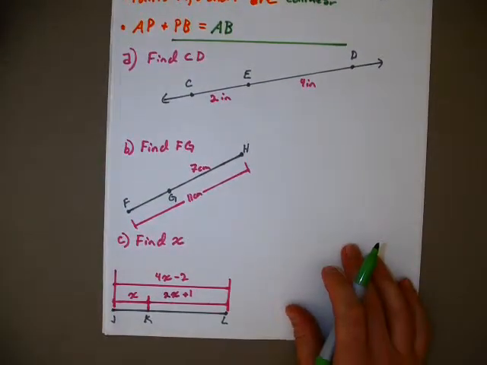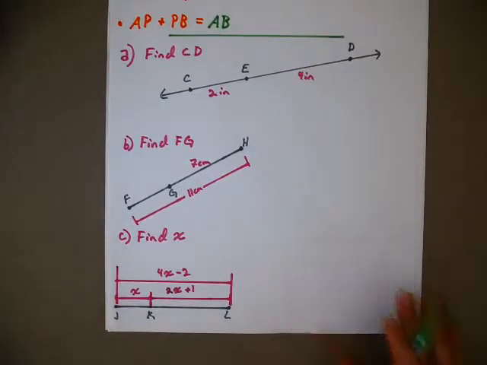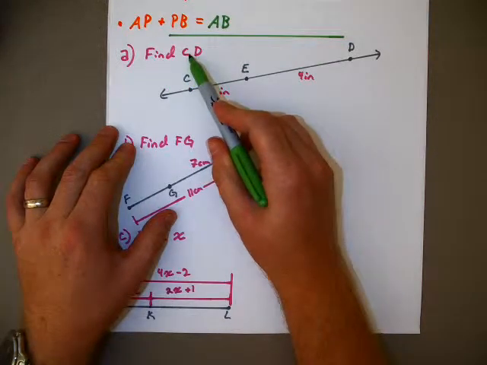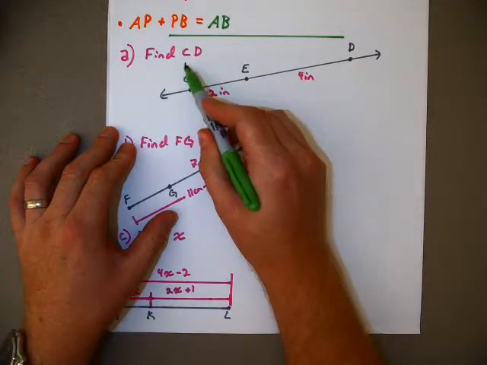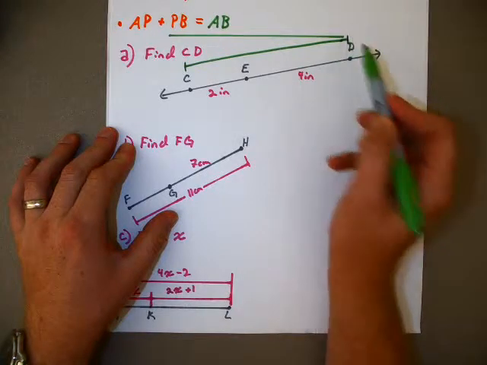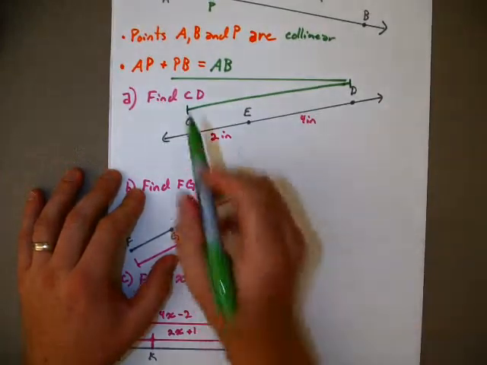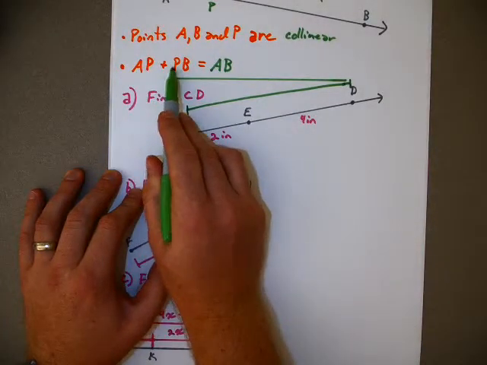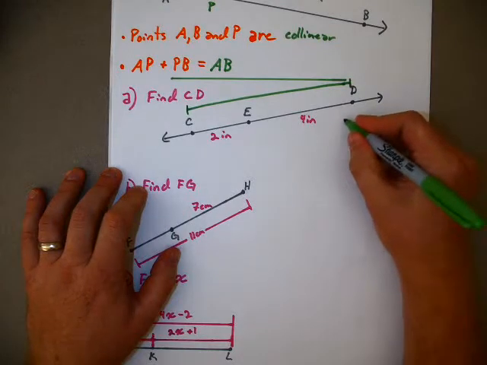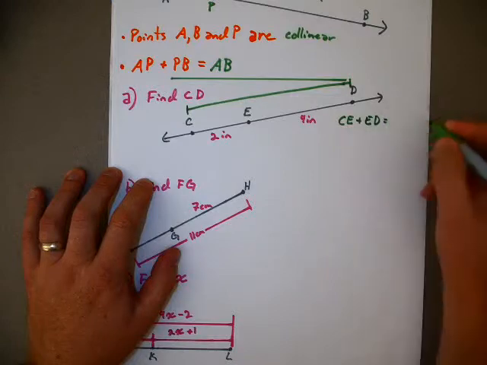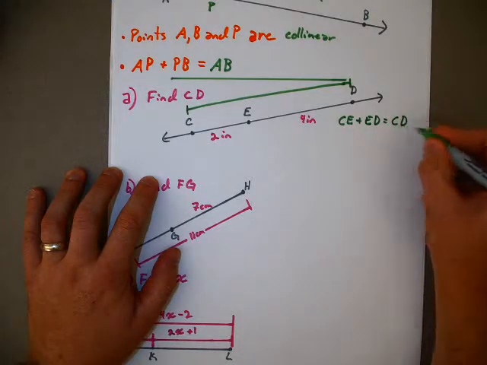I've got three different examples of how we would use this, going from pretty simple to a little more complex. If we take a look at our first example, it says find CD. CD goes from C all the way to D. We know that the segment plus the segment equals the largest segment, so CE plus ED equals CD, which is what we're looking for.